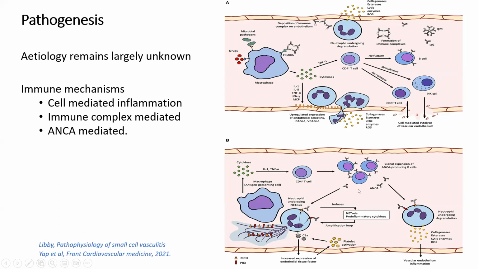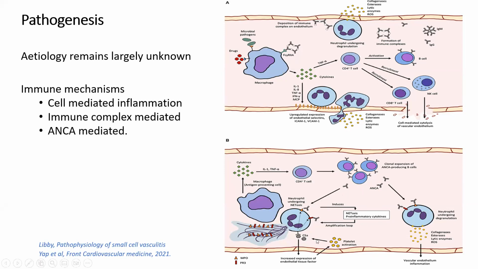For some reason, things go haywire in the immune system, and then your B cells produce antibodies to these normal enzymes in your cytoplasmic granules. And it causes the neutrophil to degranulate and release proteolytic enzymes, and these destroy the endothelium.